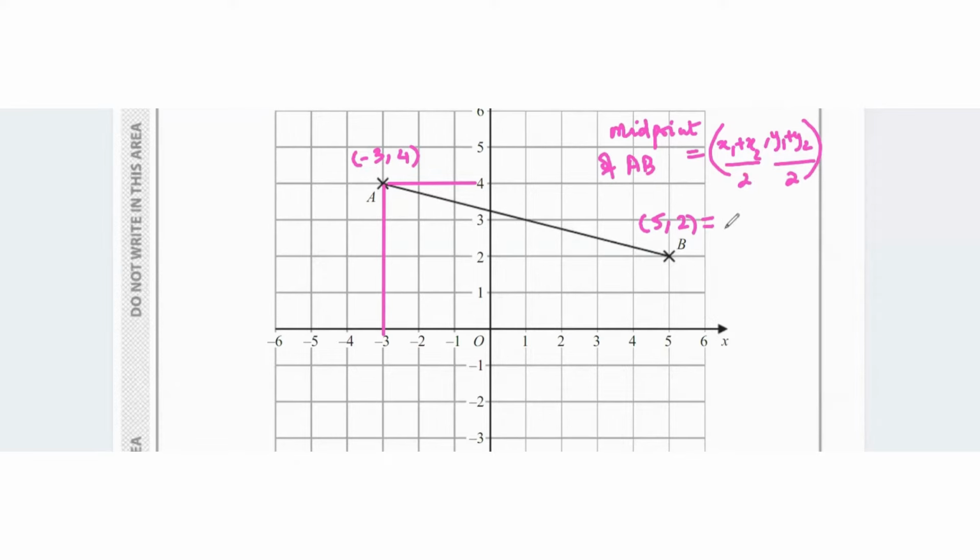So that's going to be 5 minus -3 over 2 and 4 plus 2 over 2. 5 minus -3 is 2, so that's 2 over 2. And 4 plus 2 is 6, 6 over 2, which simplifies to 1 and 3. This is your midpoint of AB. And if we plot this over here, we can see that it is right in the middle of AB.